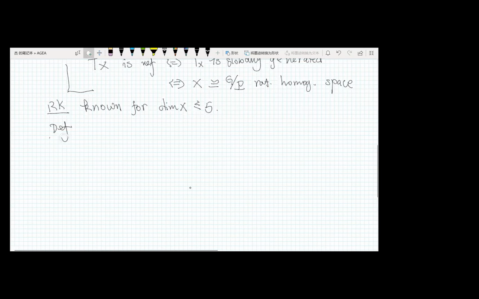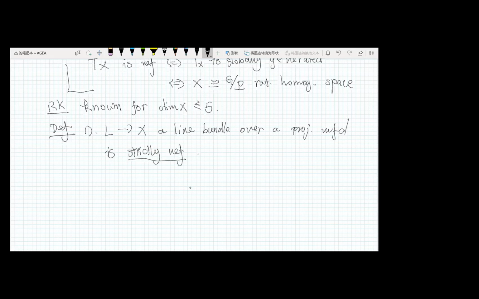Consider a line bundle L over a projective manifold X. It is called strictly nef if the intersection number of L with any curve in X is positive.